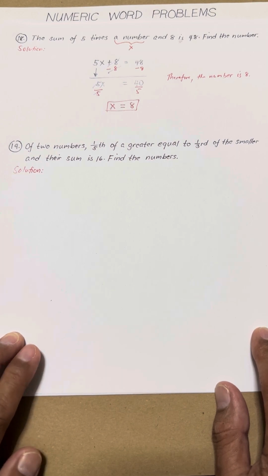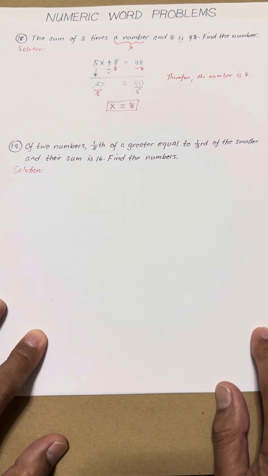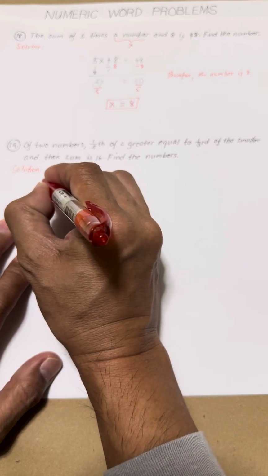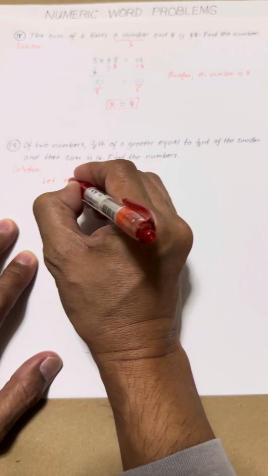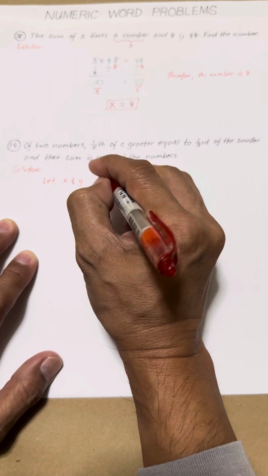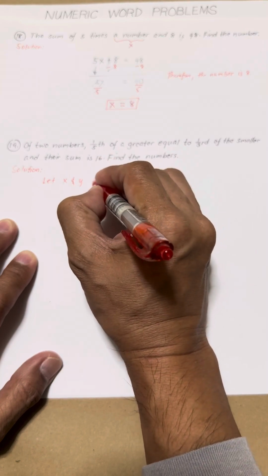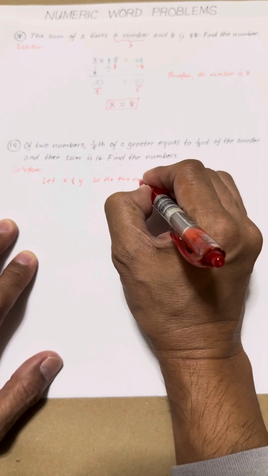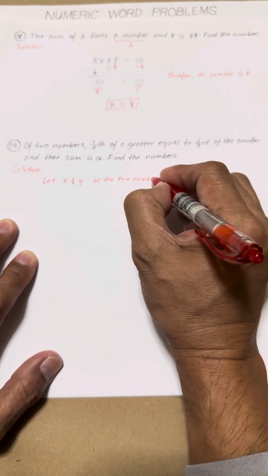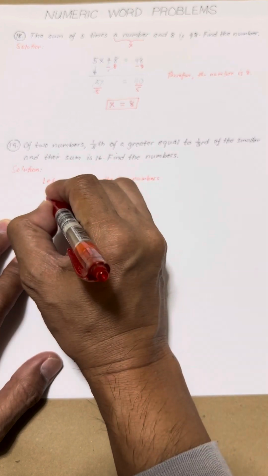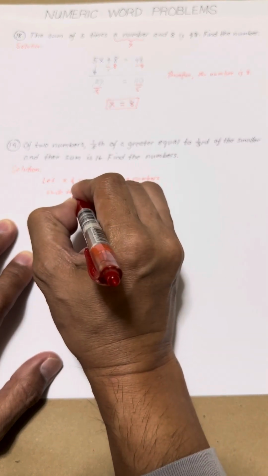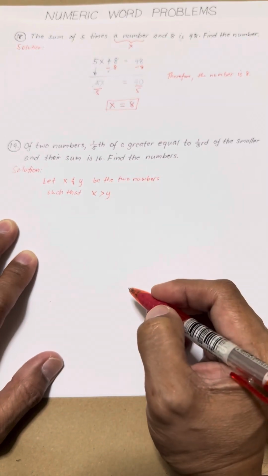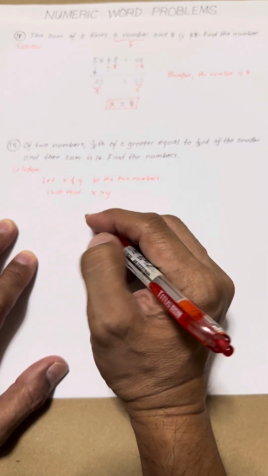For this one, we will let x and y be the two numbers, such that x is greater than y. That is our condition.